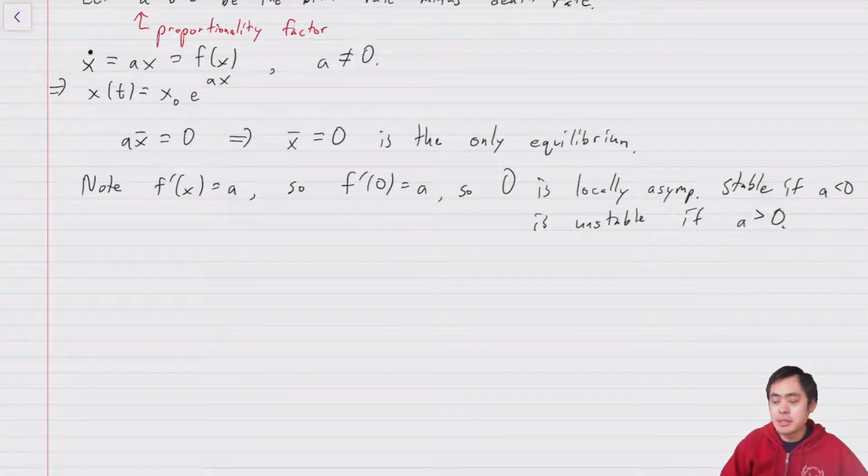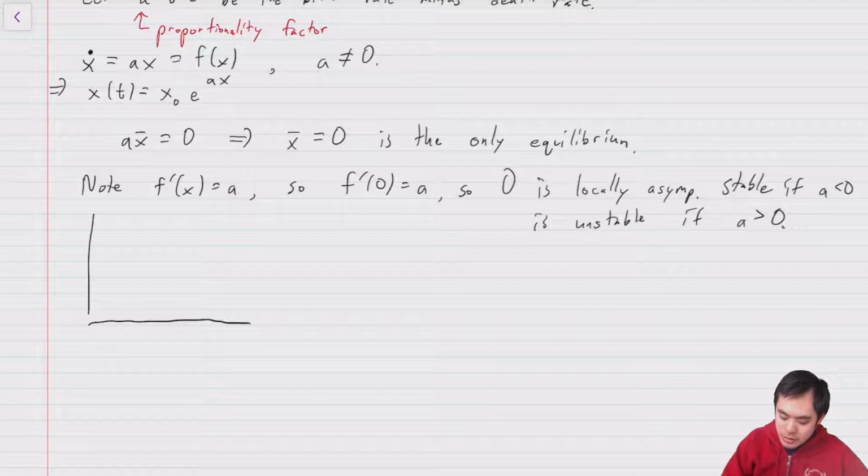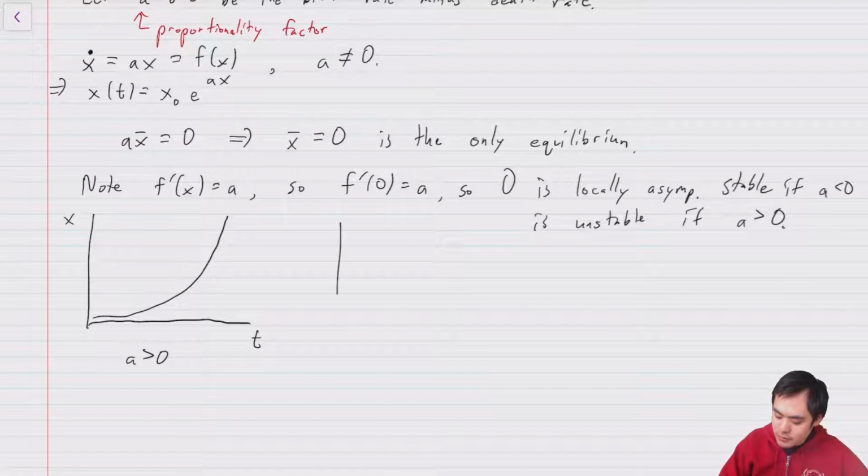And of course, since this is something we can solve explicitly, we can graph this out. So if we have our t-axis here and our x-axis here, you end up with an exponential growth if a is greater than 0, and if a is less than 0, you start out somewhere here and then you decay down to 0. So a is less than 0.